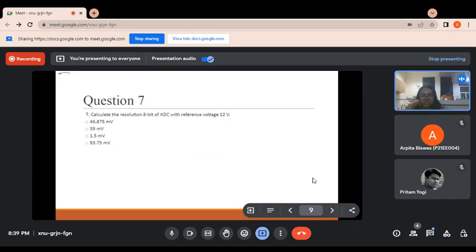The next question is calculate the resolution of an 8-bit ADC with reference voltage 12. The first option is 46.875 millivolt. Second option is 39 millivolt. Third option is 1.5 millivolt, and the fourth option is 93.75 millivolt. So please calculate it.